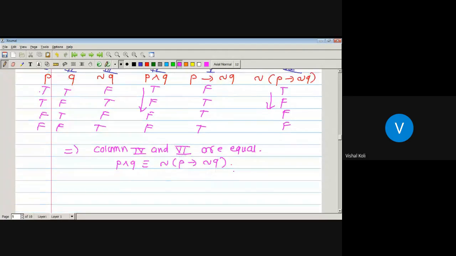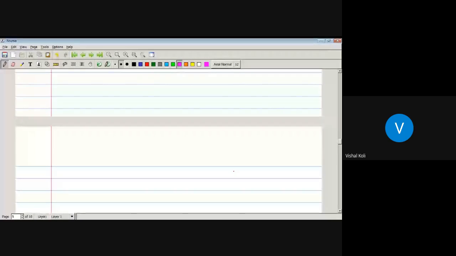Now the second one is P and Q conditional R is equivalent to P conditional (Q conditional R).